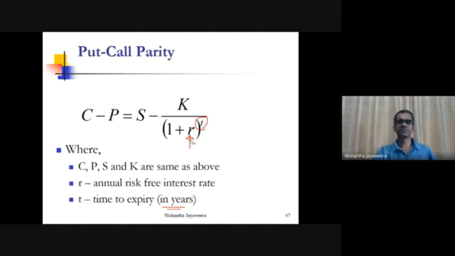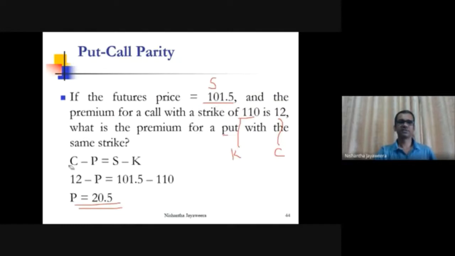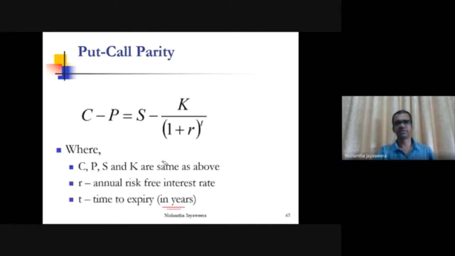So this is the proper put call parity equation. Other than for options on futures, for all other underlying assets, this relationship should hold at any time. The previous equation is valid for options on futures at any time, but for other underlying assets, it is valid only at expiry. But this equation is valid at any time.